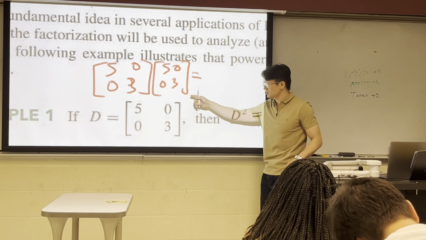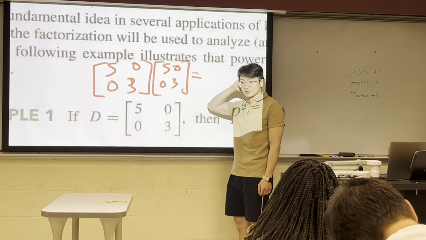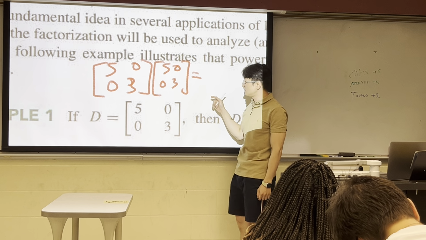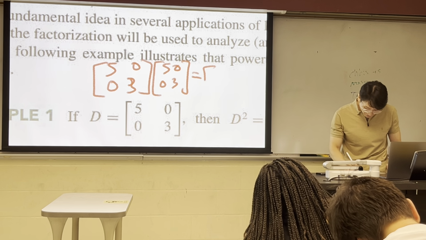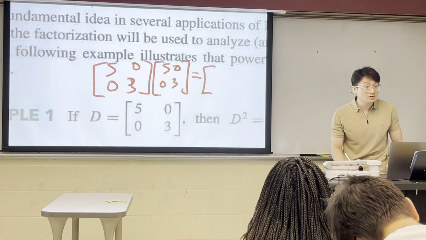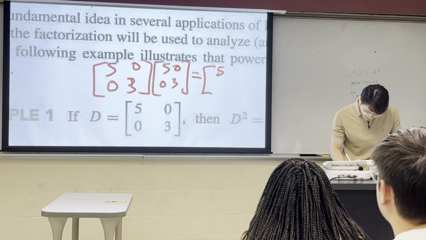What is the matrix if I multiply this? 25, 0, 0, 9? Is that what you mean? Yeah, that's right.